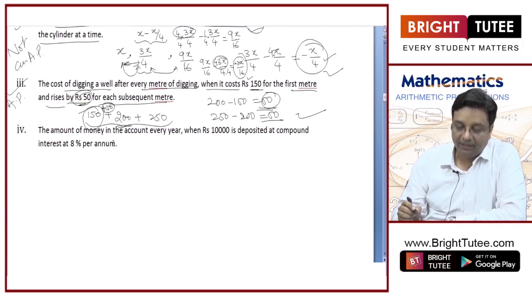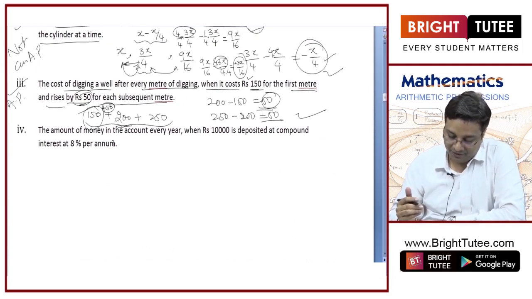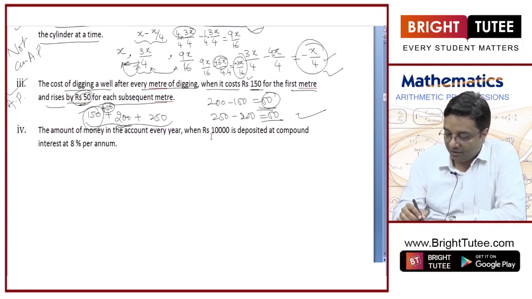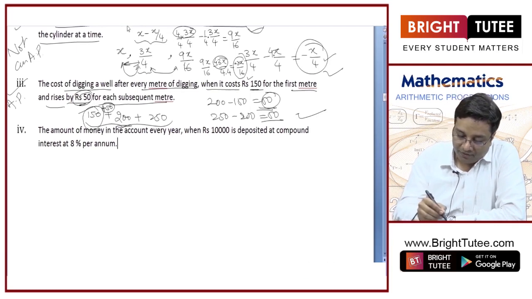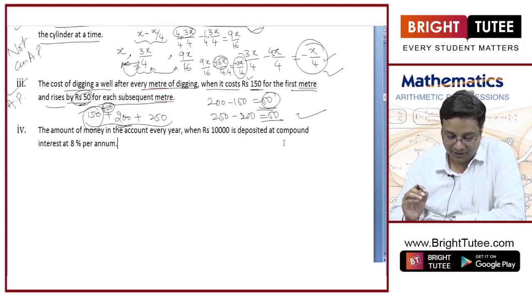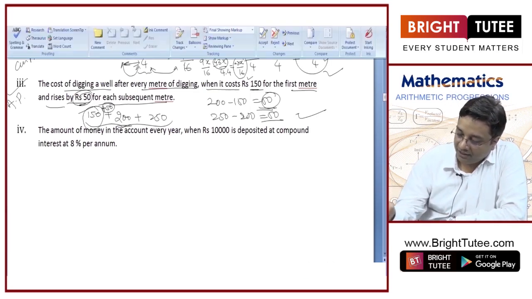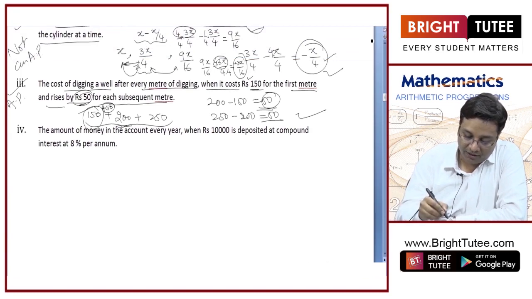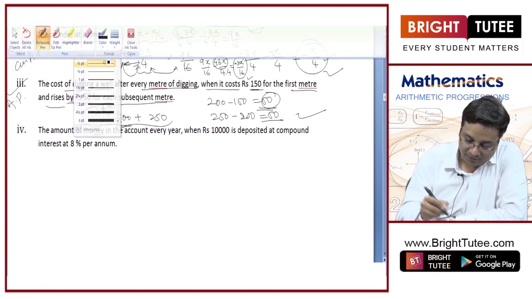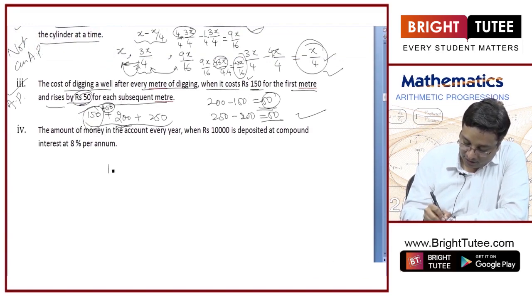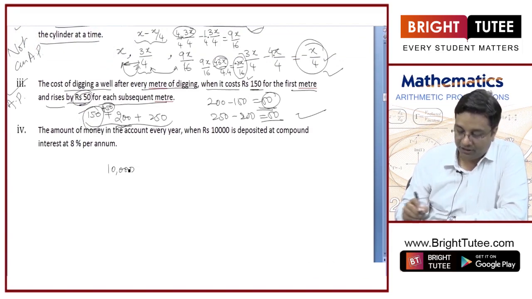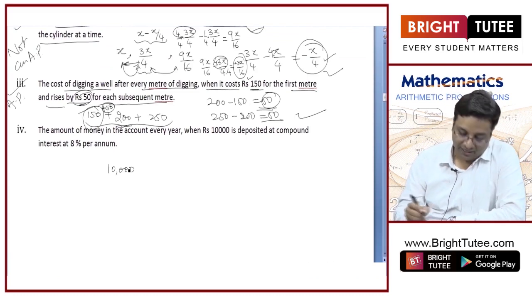The amount of money in the account every year when 10,000 is deposited at compound rate of interest 8% per annum, right? I think you know how the compound rate of interest works. Let us say 10,000 was deposited at the beginning.